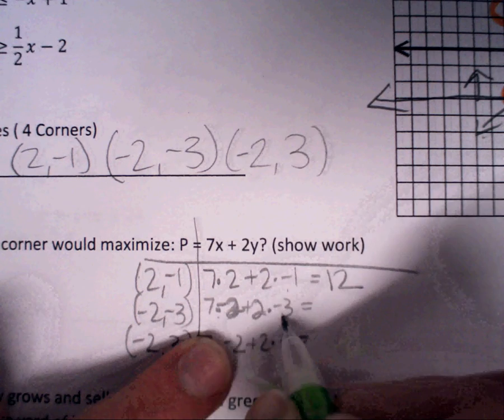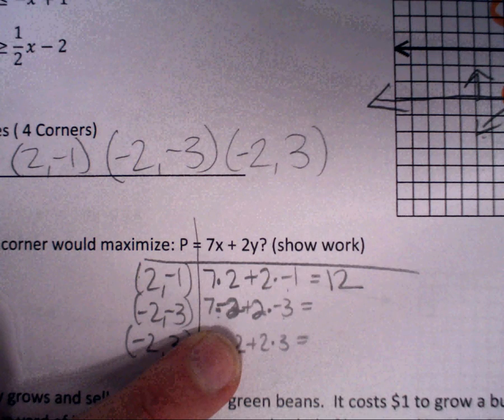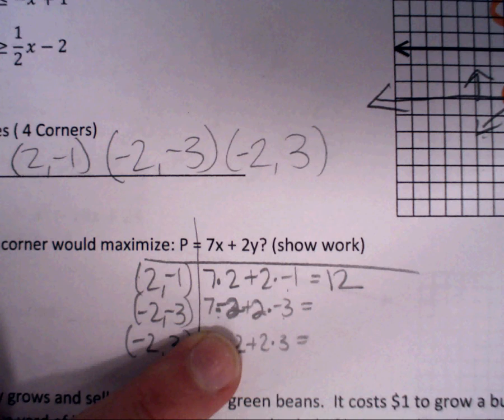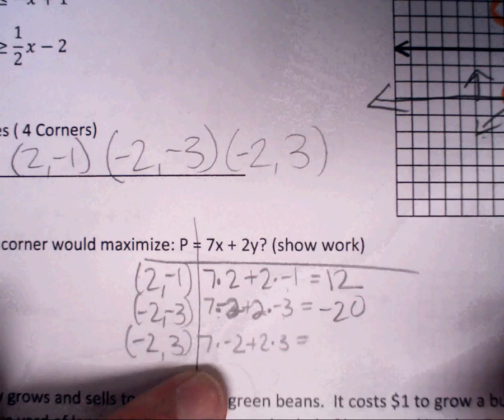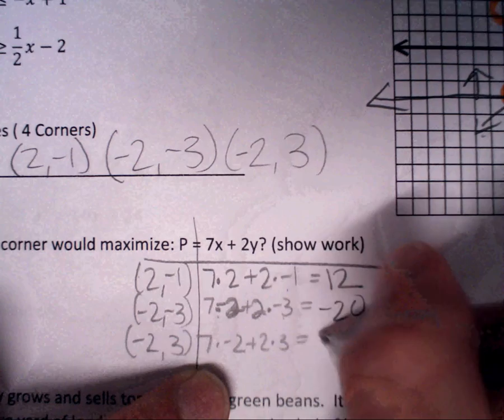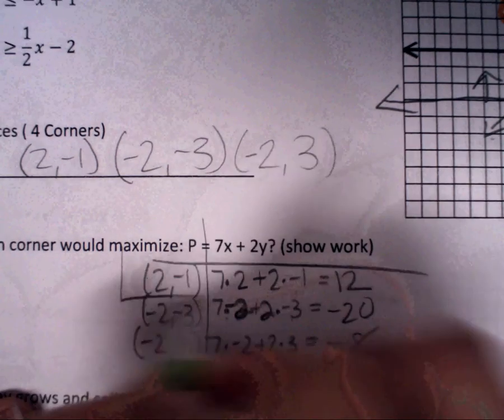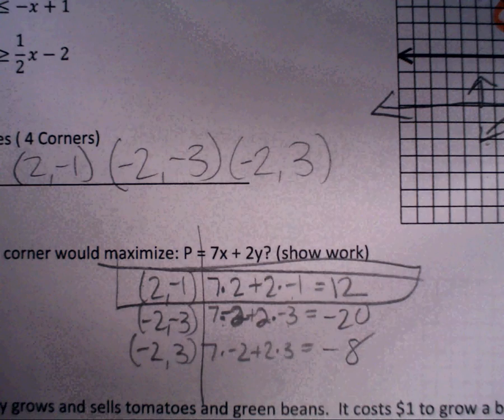So that would be 14 minus 2, that's 12. This one would be -14 minus 6, -20. And you could really just type them like they are. -14 plus 6, -8. So one that maximizes would be the first point.